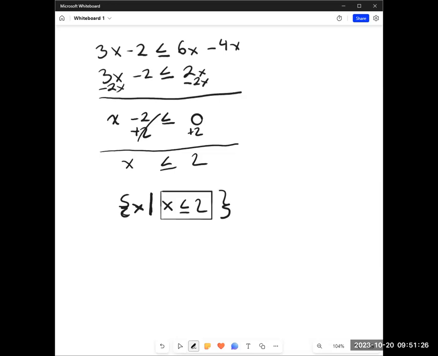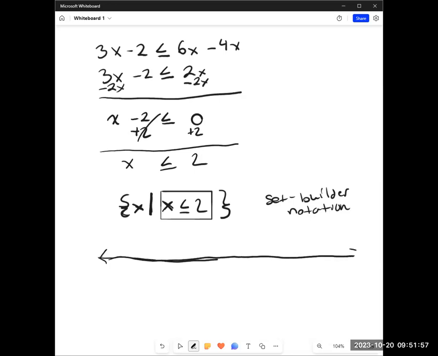The vertical bar there means such that, and then you put a constraint in there. This is called set builder notation, because it's up to you to build that set of numbers based off of the condition or the constraint that I gave you. Now I'm going to take that set builder notation and turn it into a solution set with a graphical representation on the real number line here.